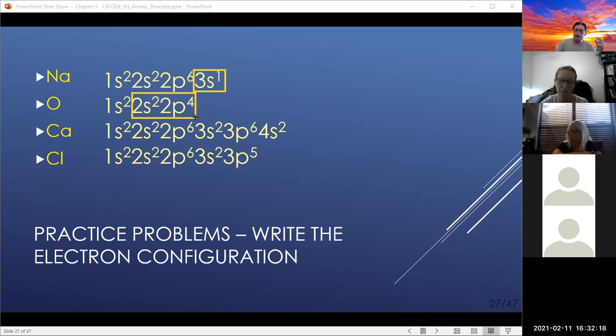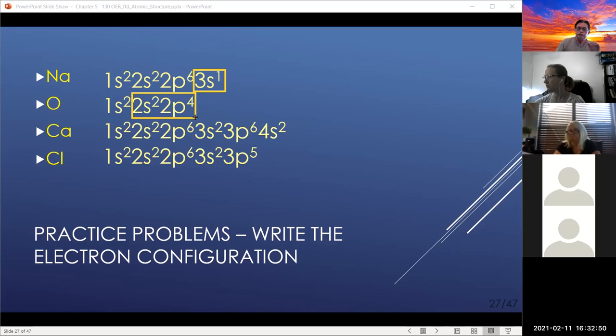Now, if we look at oxygen, oxygen is number 8. It's in the second period, in group 6A. Group 6A tells you it has 6 valence electrons, which is consistent with the electron configuration. Those 6 valence electrons are in the second period, hence we have 2s2, 2p4. 4 plus 2 is 6 valence electrons.